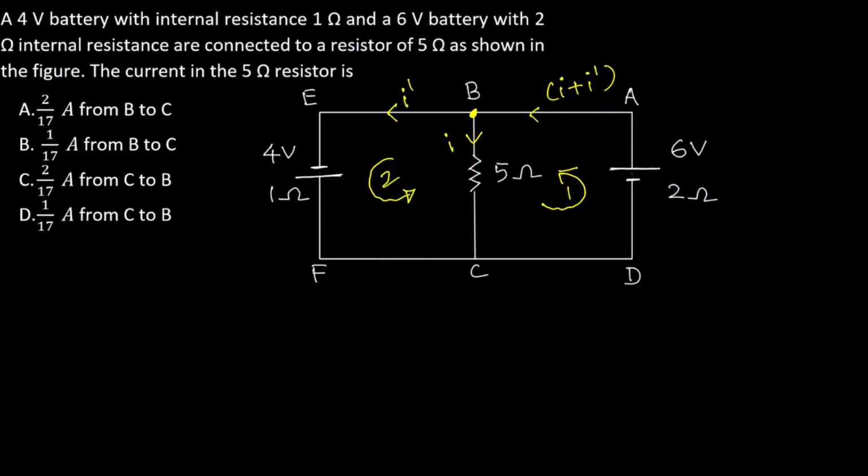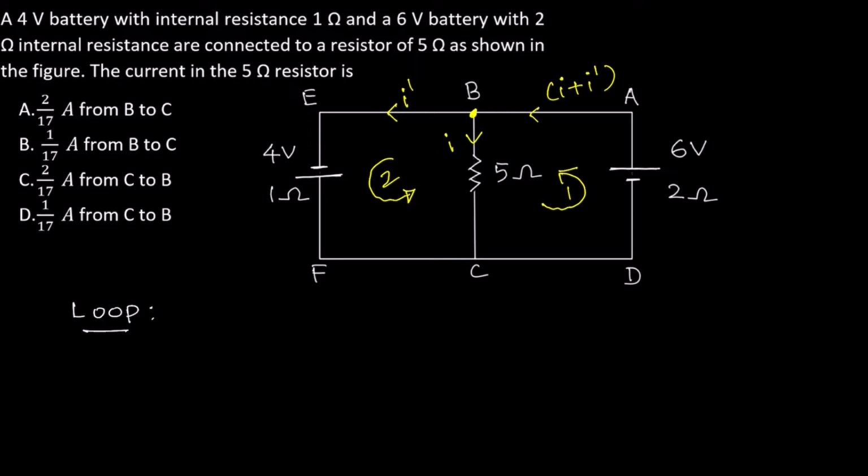So for loop 1, let's write the equation. As I go through the internal resistance of 2 ohms, I'm walking in the direction of the current. In a resistor, the current will always flow from a high potential end to a low potential end.